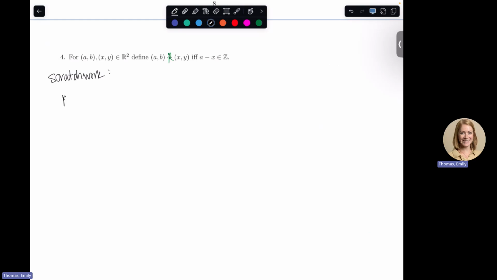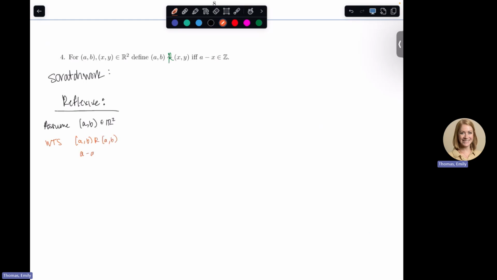So for reflexivity, the reflexive property, what do we assume? It's related to itself. That's what we have to show. We assume AB is in R2, and we want to show that AB is related to AB.